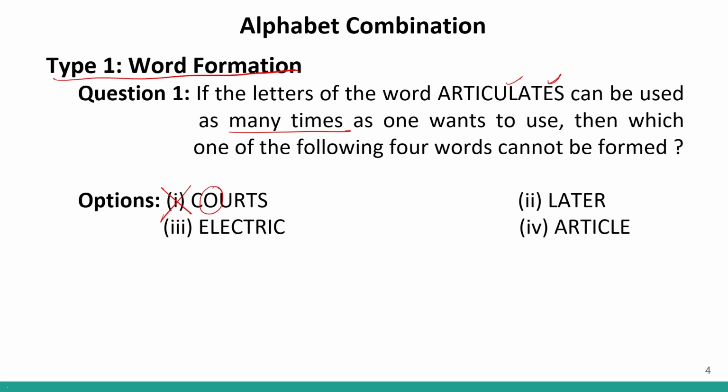So we can use E again. E, then C, then T, then R, then I, and then C again. So we can form ELECTRIC also. The only word that cannot be formed is COURTS. So option number 1 will be the answer to the question.